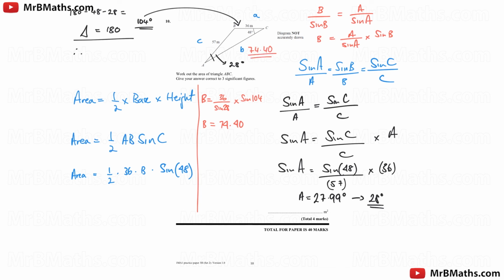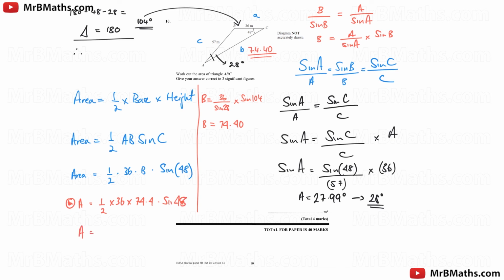Okay. Now I've got b, so I can find the area. So down here, area equals half times 36 times 74.4 times sine 48.